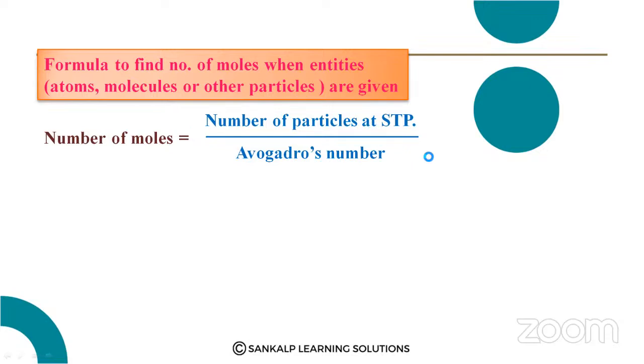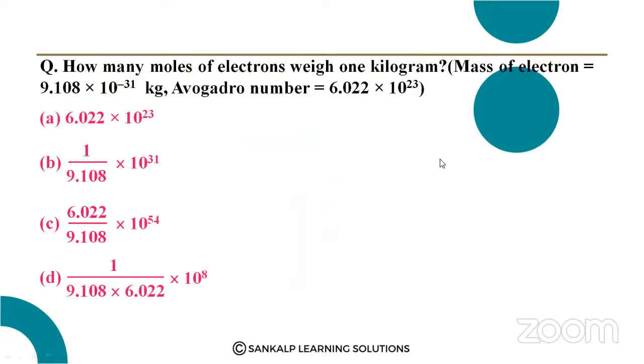What is Avogadro's number? It is 6.023 into 10 raised to 23. So whenever you find the number of moles when particles are given, it will be the number of particles at standard temperature and pressure divided by Avogadro's number.